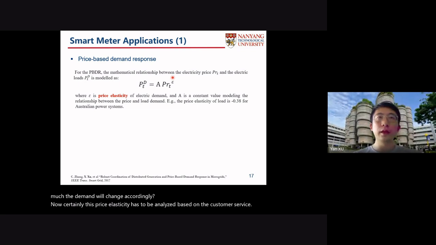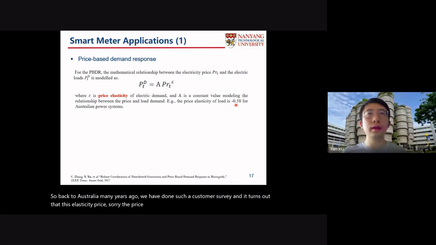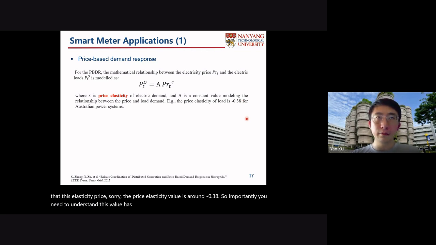Back in Australia, many years ago, we did such a customer survey, and it turns out that the price elasticity value is around negative 0.38. Importantly, you need to understand this value has to be a negative value, because when the price increases, the demand will decrease.